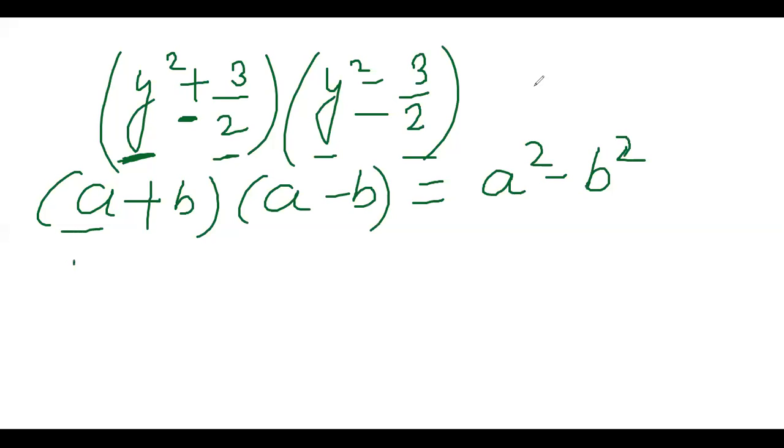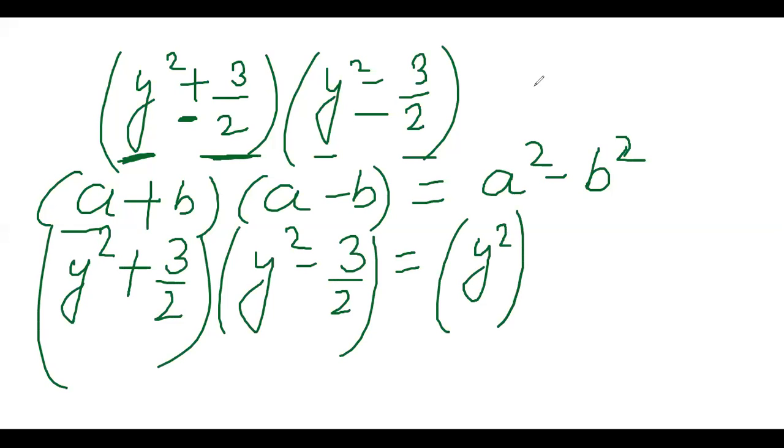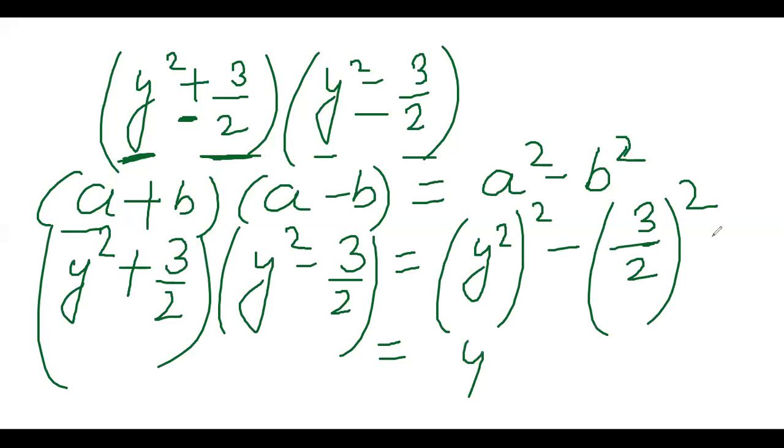At the place of a, we'll put here y square, and at the place of b, we'll put here 3 upon 2. Then (y square plus 3 upon 2) into (y square minus 3 upon 2) is equal to (y square) square minus (3 upon 2) square, which is equal to y raised to power 4 minus 9 upon 4. So this will be our answer here.